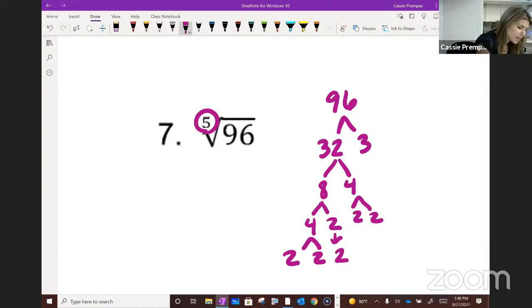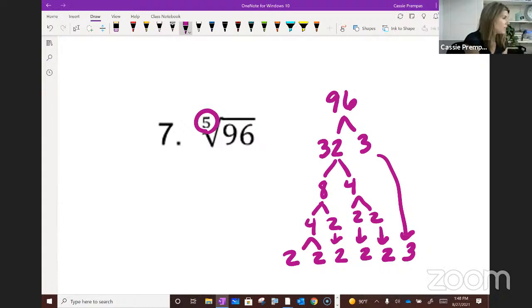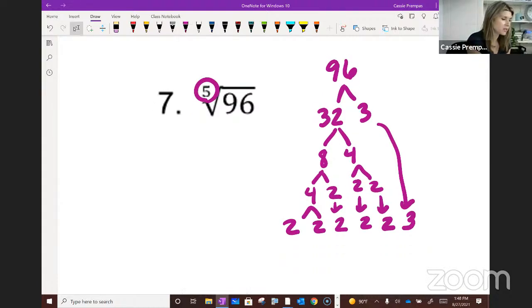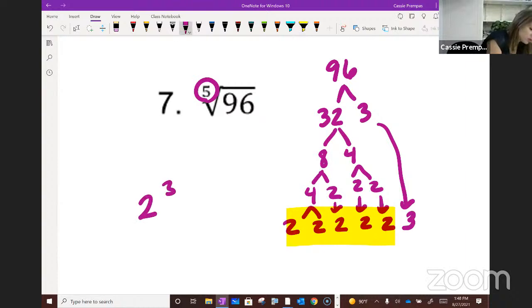So I like to line it up so I don't forget anything. Now, how many of the same factors do I need before I can take it outside? 5. What number should I take outside of the radical? 2. Good. So this would be 2 times the 5th root of 3.